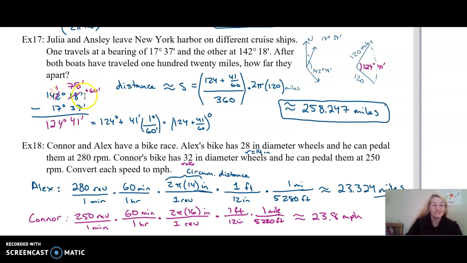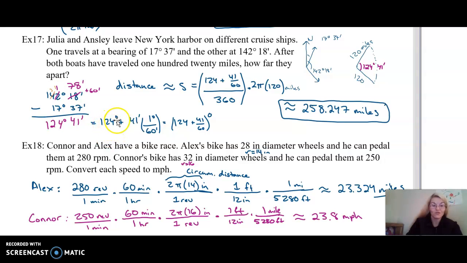So again, practice subtracting, and when you have degrees and minutes, make sure if you borrow, like you can't do this in your calculator. You're going to actually have to borrow a degree and say, hey, that's 60 minutes, so 60 and 18 is 78. Subtract 41 minutes, 124 degrees.